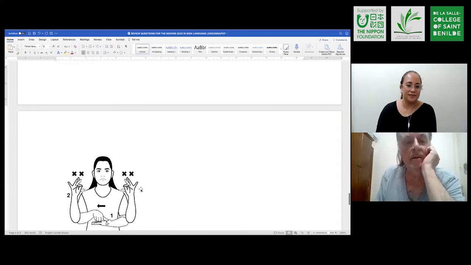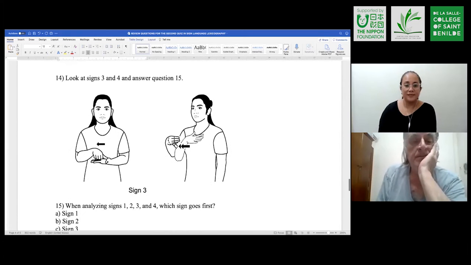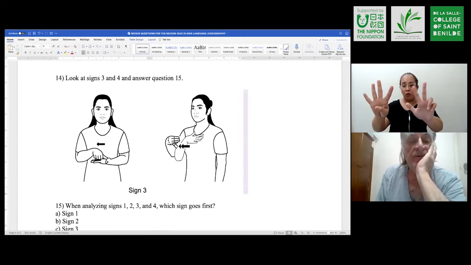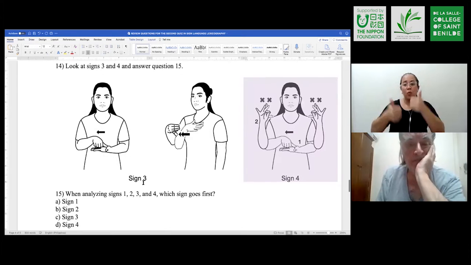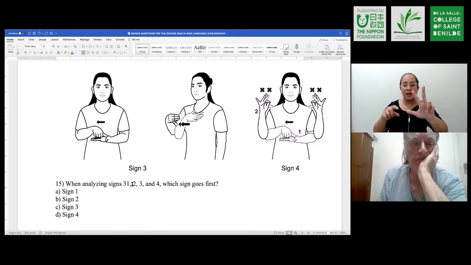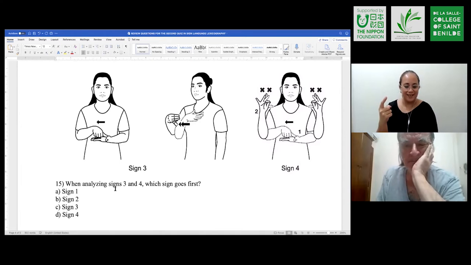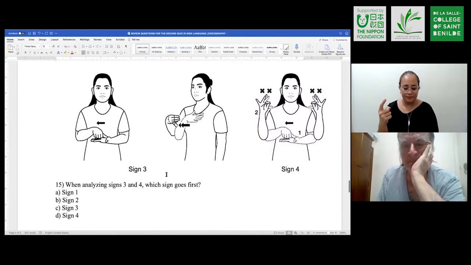Okay. And then we can ask the question about 3 and 4. Which sign goes first, 3 or 4? The second sign on sign 3.